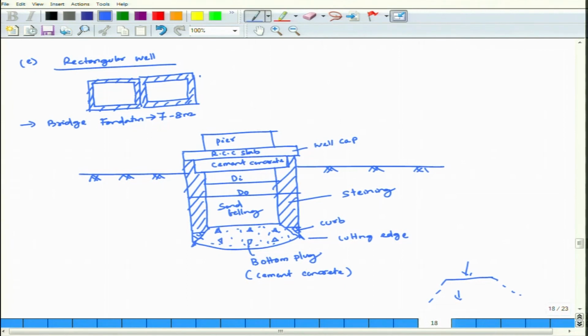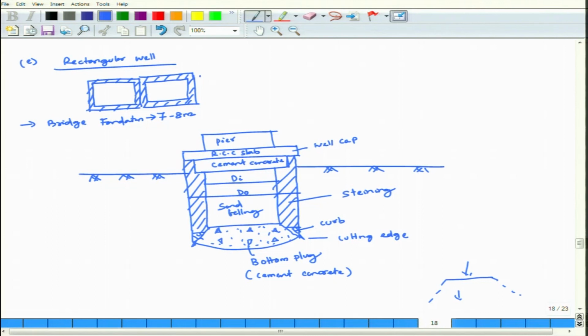It is done manually or by pneumatic means or by machines. If I take a cross section of your well, how does it look? Pier, RCC slab, cement concrete, well cap, steining, curb, cutting edge and bottom plug. This is how it looks like.